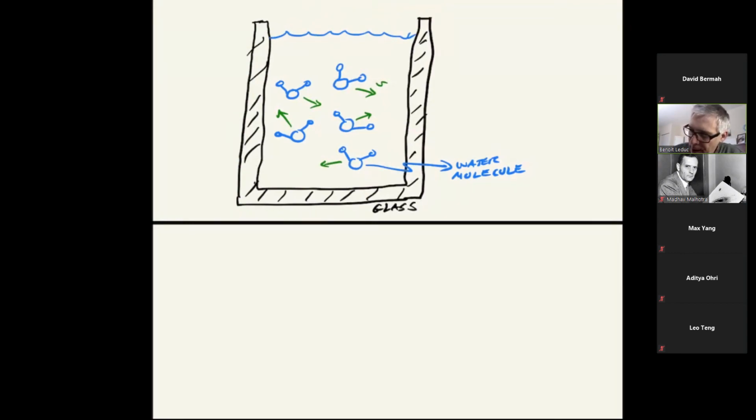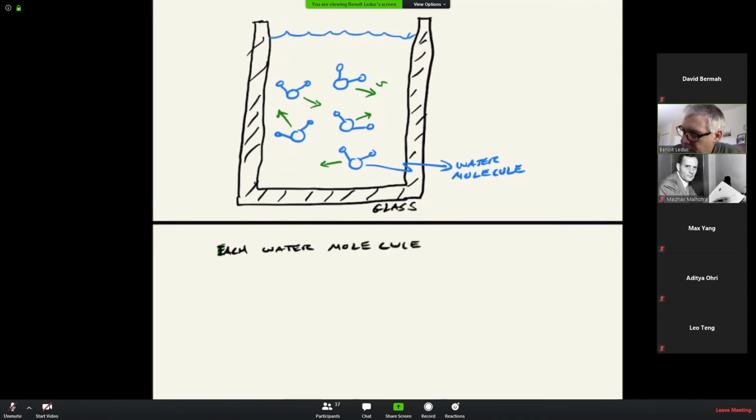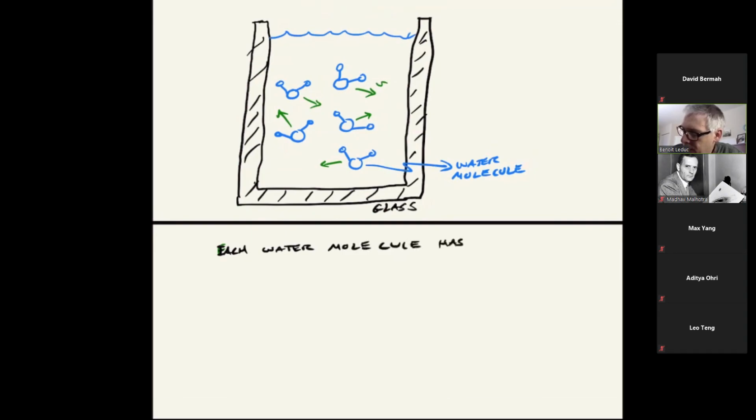So each water molecule has kinetic energy. Okay.